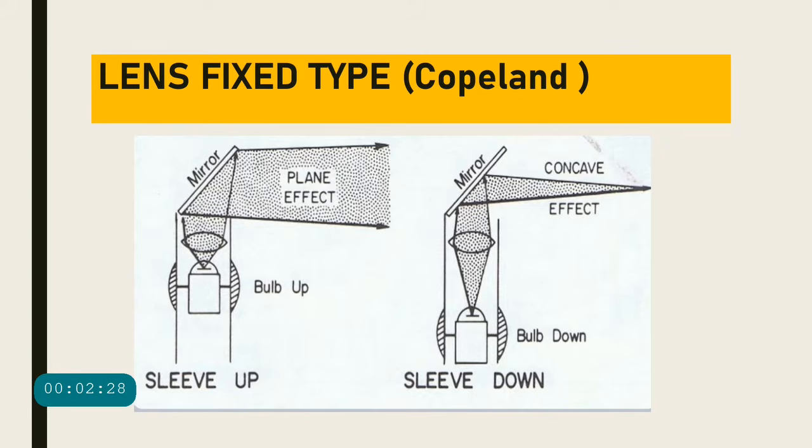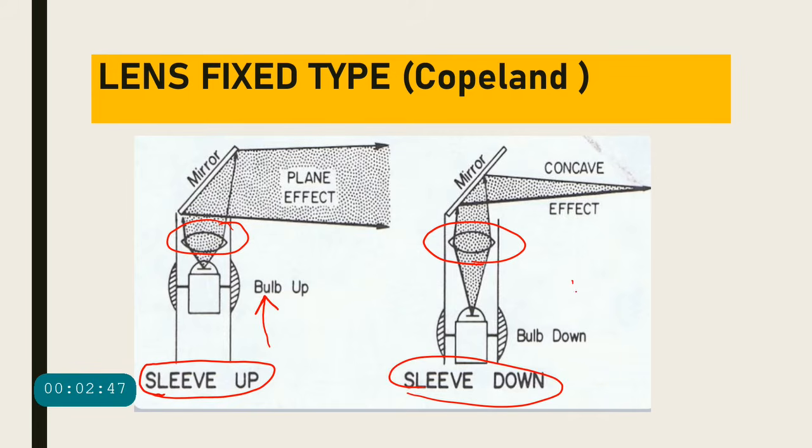Now, in the first type of retinoscope, the condensing lens will be fixed in position, but the bulb can move up and down. So when you move the sleeve up, you are moving the bulb up, and when you move the sleeve down, the bulb is brought down. What happens when the bulb goes up?